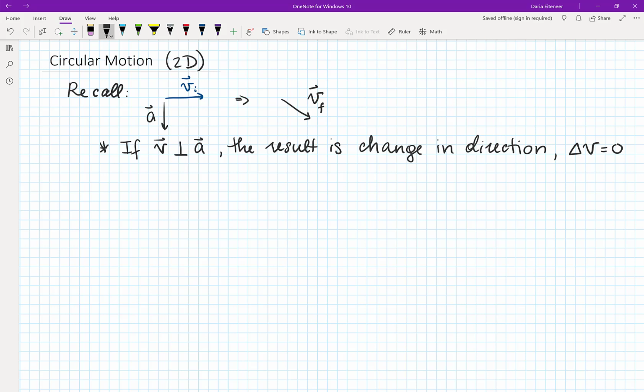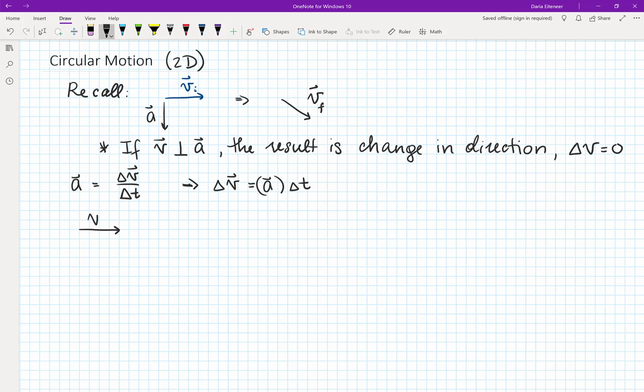So here's how it works. Think about acceleration as delta v over delta t, right? So that was the definition. So we can rewrite this as delta v equals a times delta t. So what I'm going to do is basically just add these vectors graphically.